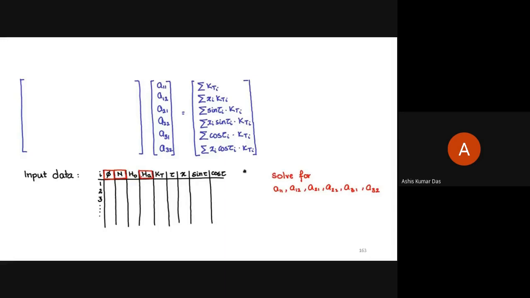These values we are obtaining from an external source, and from this measured data it is possible to get the other unknown parameters.